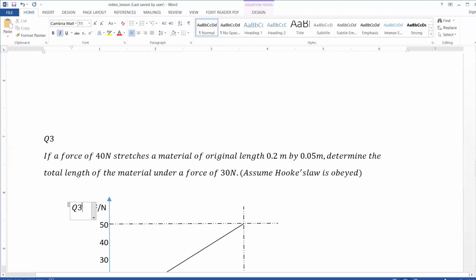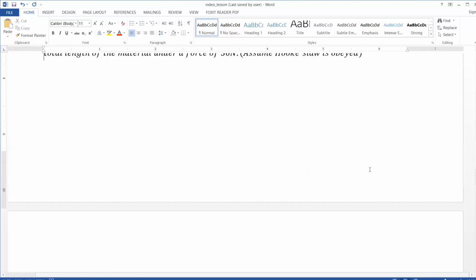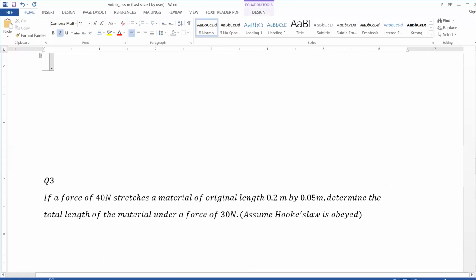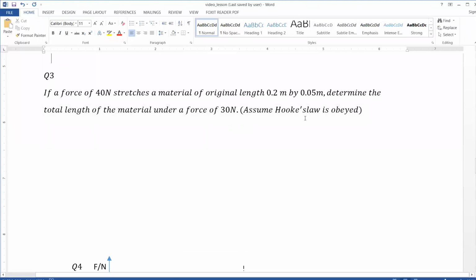Okay, so for this question, we have a number of things to calculate. So in this question, I will just shift it up here.